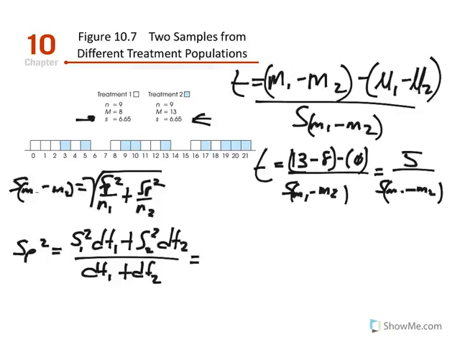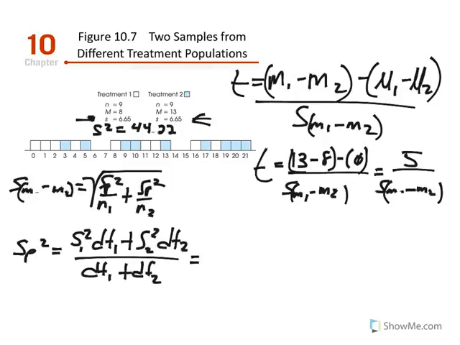So we're going to use our pooled variance equation here where we utilize variance. To calculate variance, we simply take our standard deviation and square it, and we'll round to simplify the math slightly. So we square 6.65 and we get 44.22, and that would be the same for both samples.